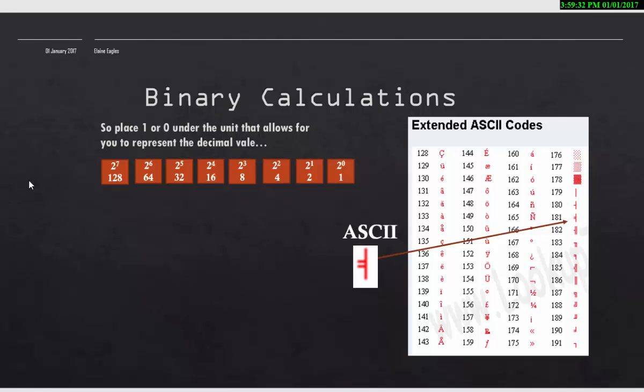So we're likely to need one of these plus one of these. Now what do they add up to? 192. That's not right, so we don't need that.